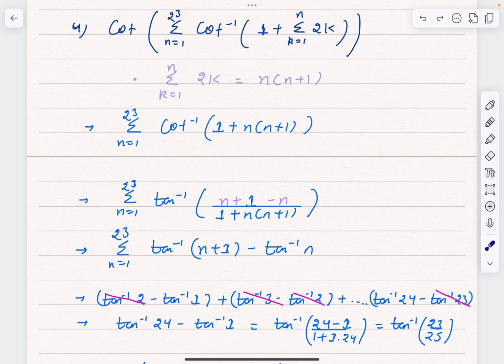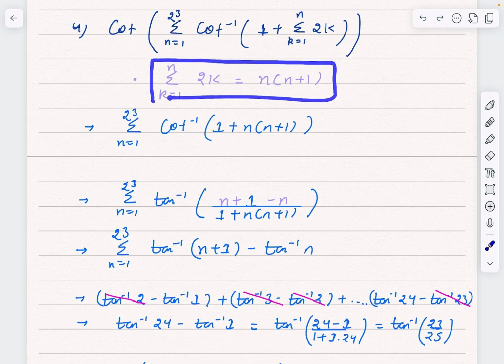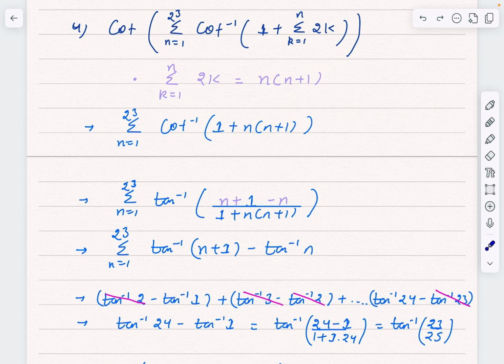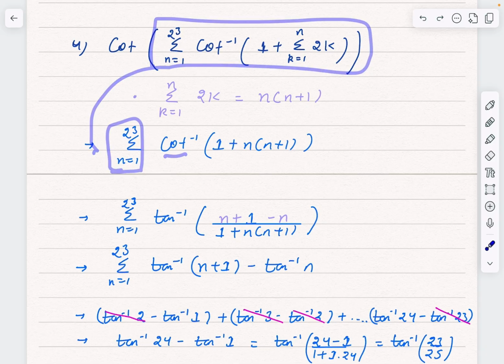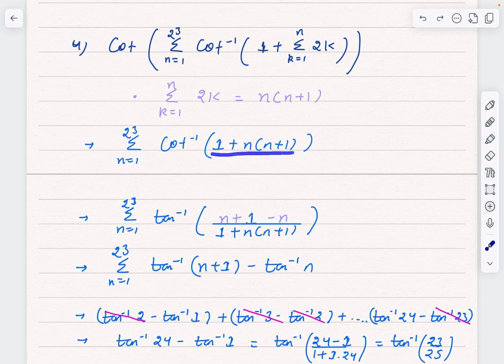First of all, summation k equals 1 to n of 2k will be 2 plus 4 plus 6 up to 2n. You can easily use any formula you have learnt in sequence and series. It will come out to be n into n plus 1. So the thing inside this outer cot, I'm just writing here, becomes summation n equals 1 to 23 cot inverse of 1 plus n into n plus 1.